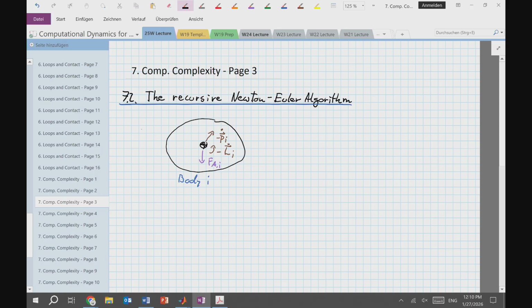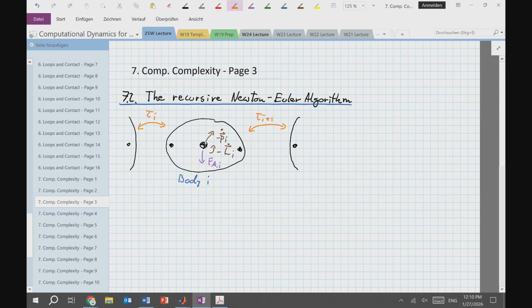And then, of course, body i is connected to some other bodies: body i minus 1 to the left, body i plus 1 to the right. And that connection happens through joints. And these joints have active degrees of freedom, which are driven by some joint torque tau, which I will call tau i here, and tau i plus 1 here.